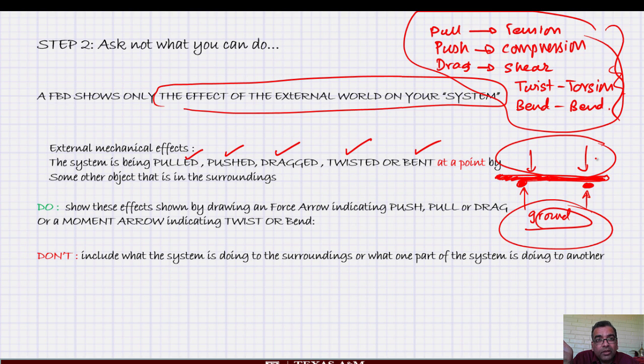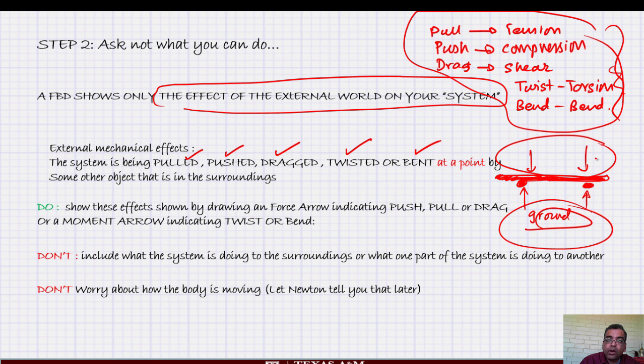What you care about is what their fist is doing to your face, right? You don't care about what your face is doing to their fist. So in the same way, when you draw a free body diagram, you have to see what the external world is doing to the body, not what the body is doing to the external world. We only care about what the external world is doing to the body. Okay, that's how it works.